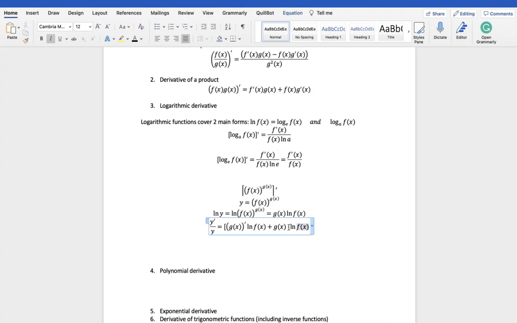I hope I said it right. The first function multiplied by the derivative of the second function.